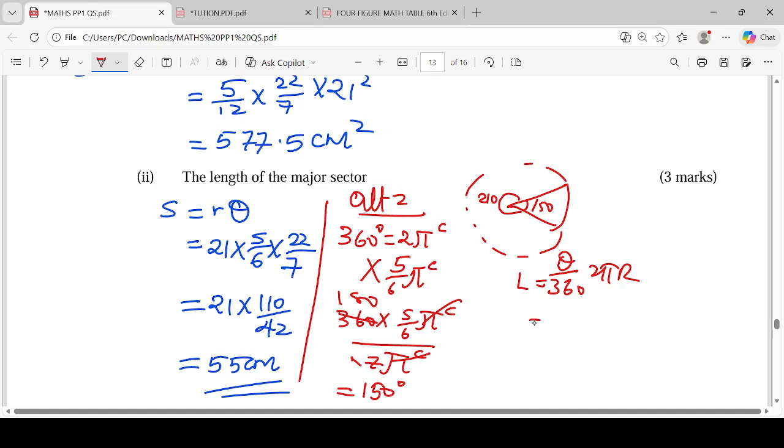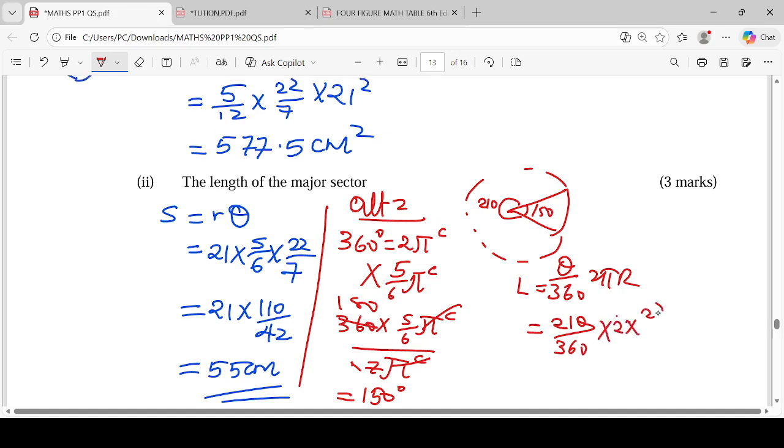Its angle will be 210. So 210 over 360 multiplied by 2, multiplied by 22 over 7 by the radius, which is 21, is going to get 77.